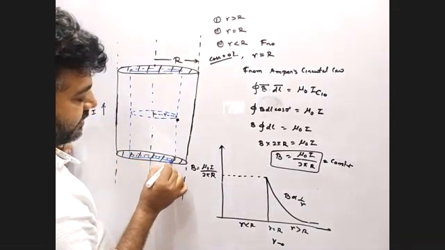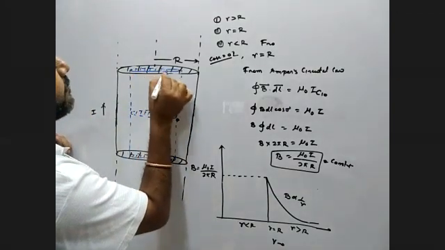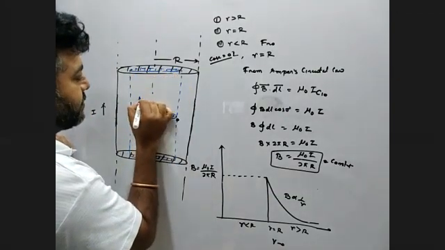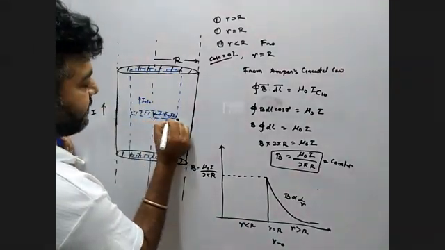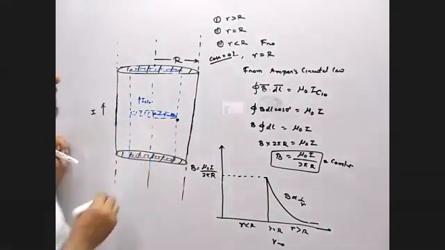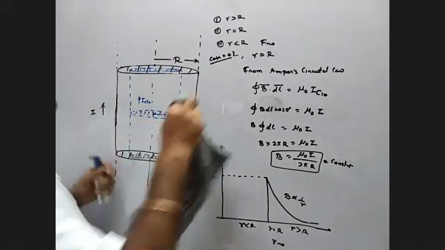This is my solid cylinder, from where we have to calculate the I enclosed. Let the radius of the cylinder be small r. So see, the first part is the same for case 3.